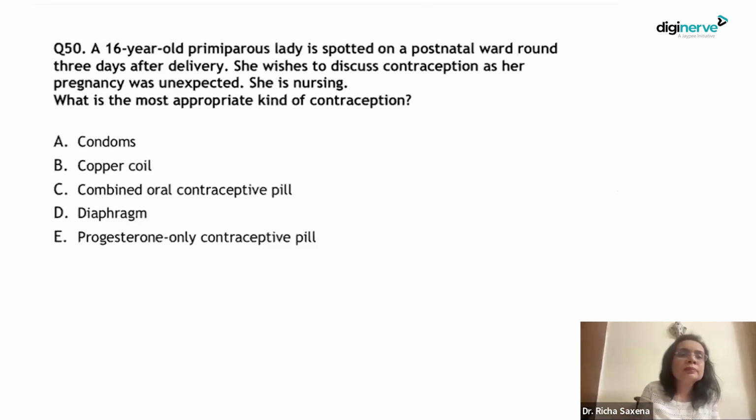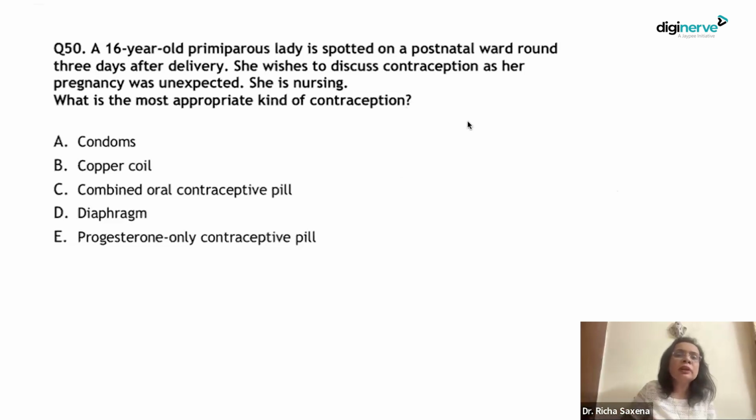Breastfeeding mother. If copper coil is given in this period, it should be either inserted immediately after birth, as soon as placenta delivers, probably within 10 minutes of placental delivery, or otherwise, if it is not done at that time, it should be done after 6 weeks. So in this case, copper coil doesn't work. So what works in this case?